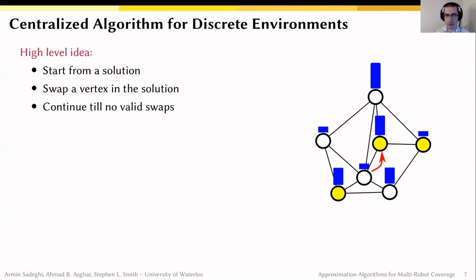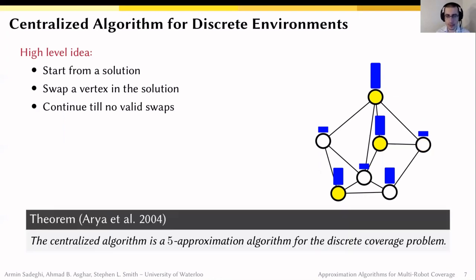If the new set of locations provides a better coverage, then we call that a valid move. We keep making valid moves until there are none left. And it's been shown that this approach converges to a locally optimal solution, and the result is within 5 times the optimal solution.